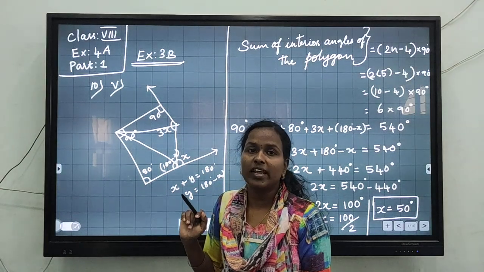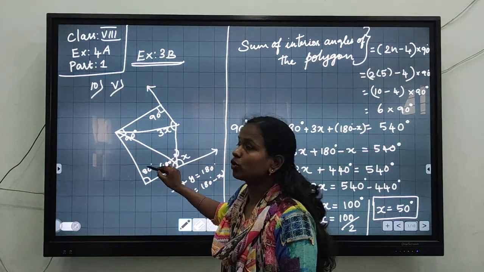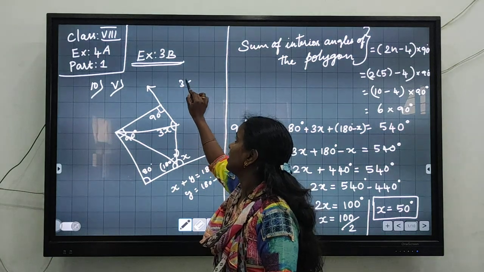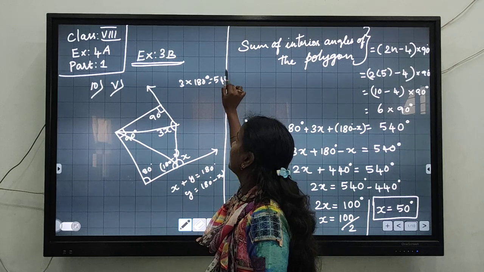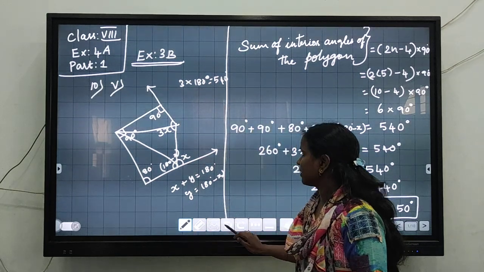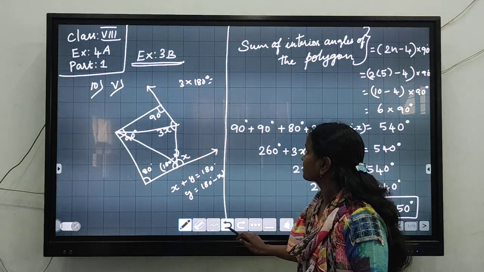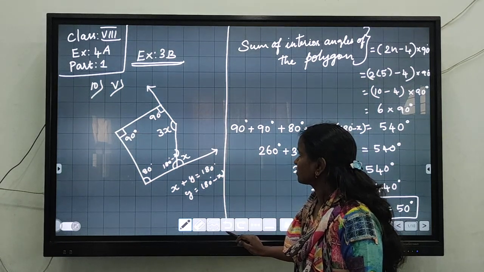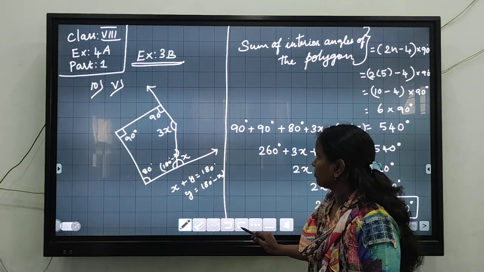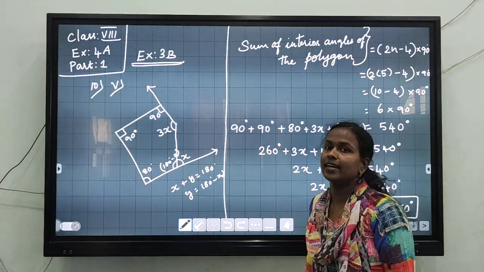The sum of angles of a triangle is equal to 180 degrees. That means totally 3 triangles. So 3 multiplied by 180 degrees is 540 degrees.